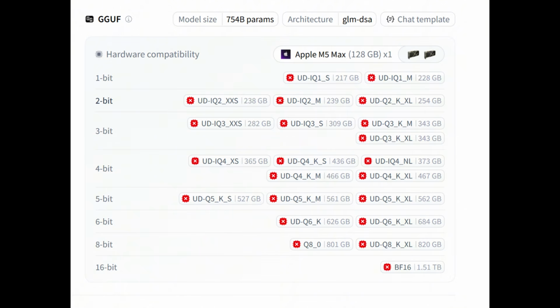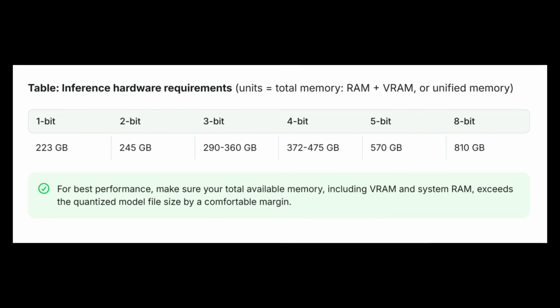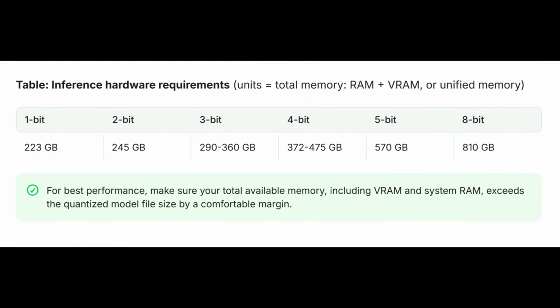We will be using the GGUF quantized version for those models because they save lots of space. However, because it's a really big model, size is still really big, as you can see from this guide. So it really depends on the total memory, including the RAM and the VRAM or unified memory.